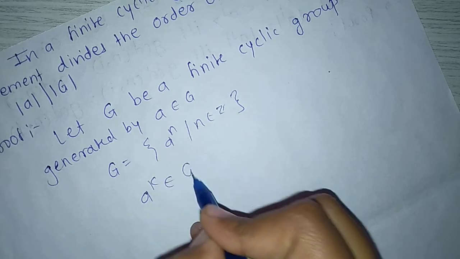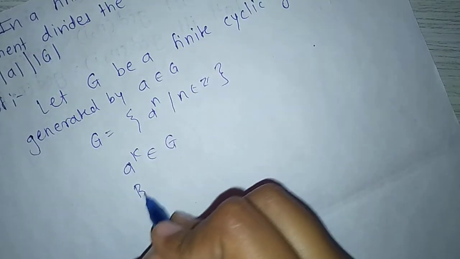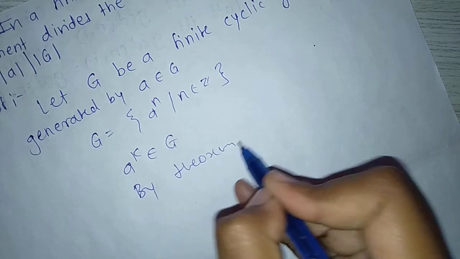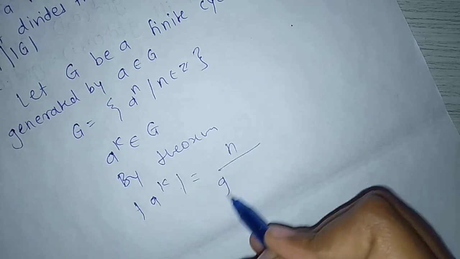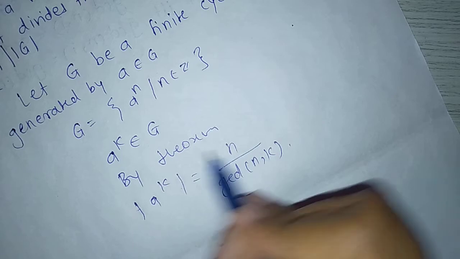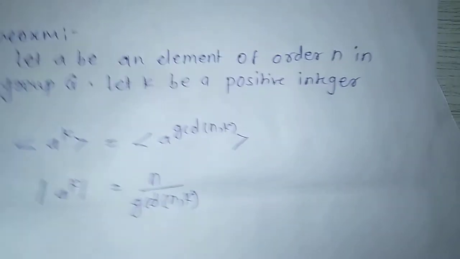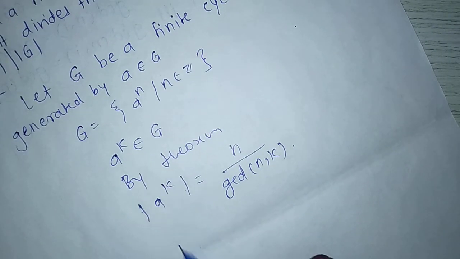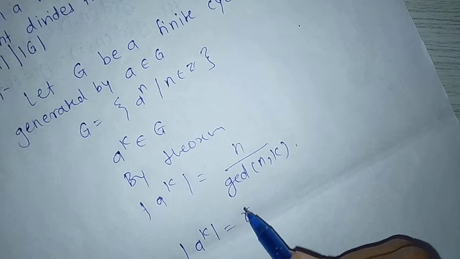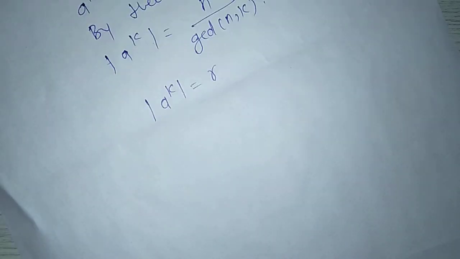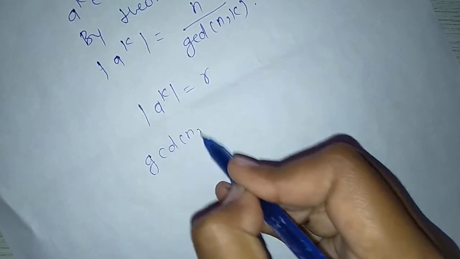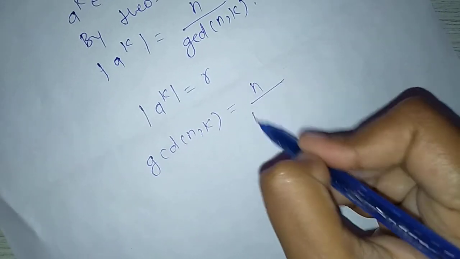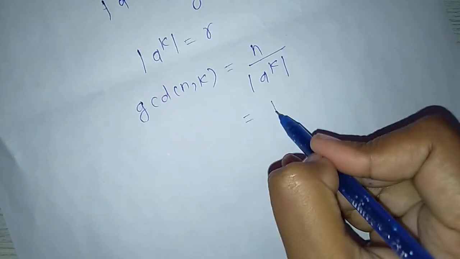Let a raised to k be any element of G, and by the theorem, the order of a raised to k equals n upon GCD of n and k. By this theorem, let the order of a raised to k equal r. If we put the order of a raised to k equal to r, we get GCD of n and k equals n upon the order of a raised to k, equals n upon r.